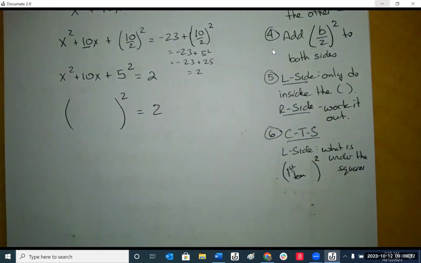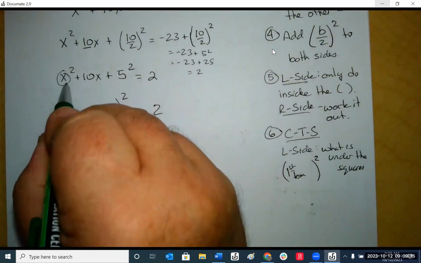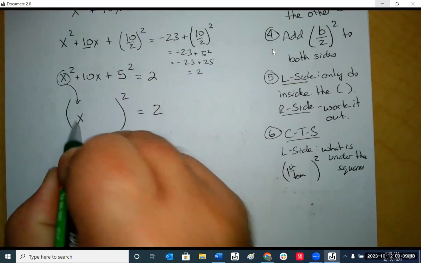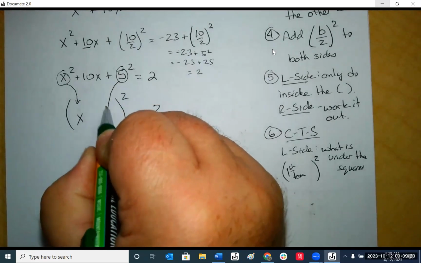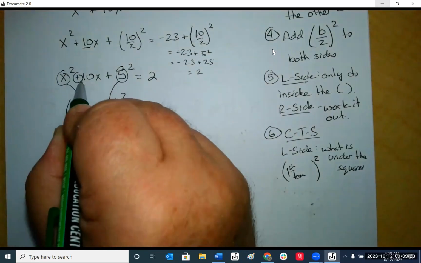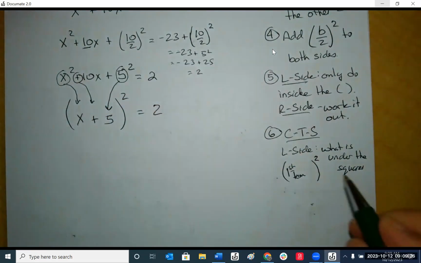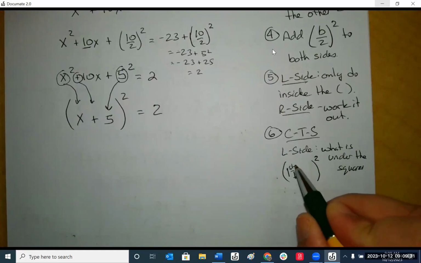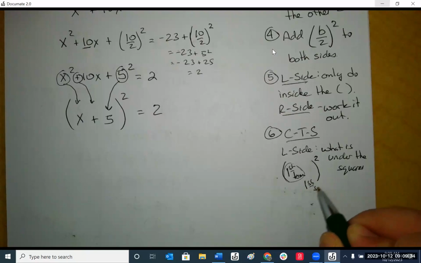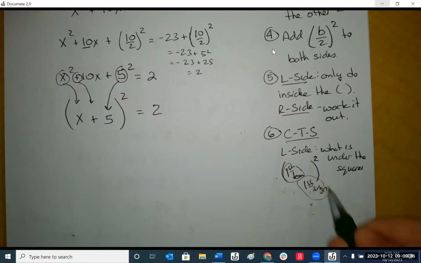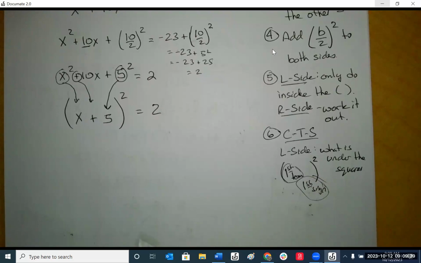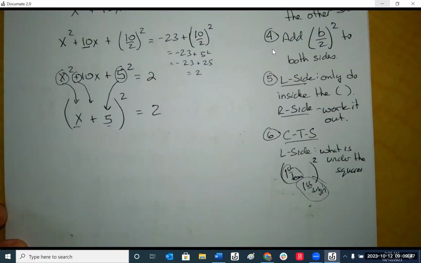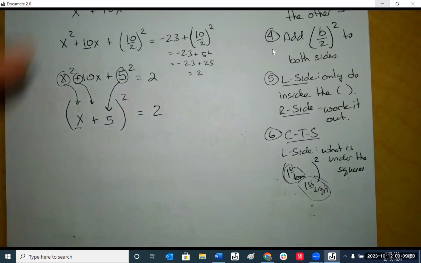That should be squared. So whatever's under the square, and the first sign. So the first term, first sign, and then the last term. So whatever's under the square goes inside here and here. Whatever the first sign is goes in the middle. You complete the square there.